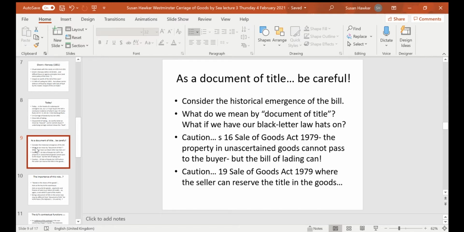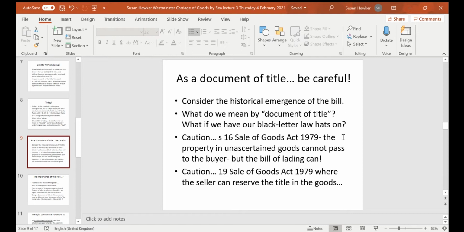Now, in terms of it being a document of title, that it is the key to the warehouse, it stands in the shoes of the goods, this passing of property is not a critical problem now, but it was, because the bill of lading being transferred as a contract used to be triggered by the Bills of Lading Act 1855, which required the bill of lading and the transfer of the property in the goods.